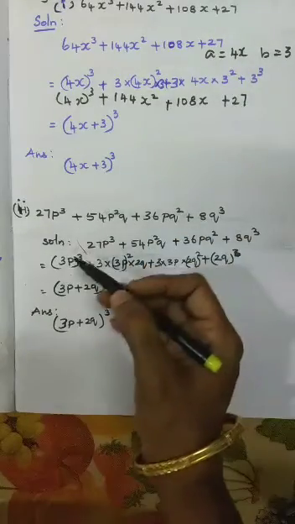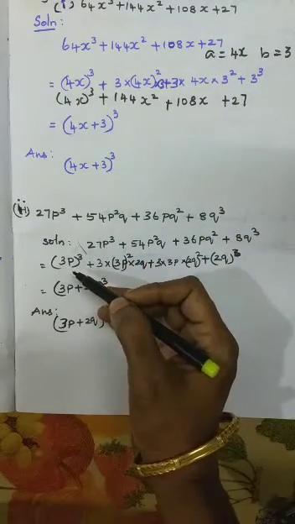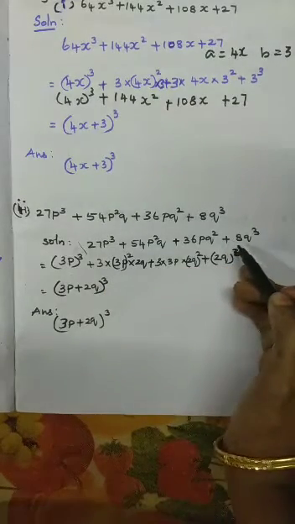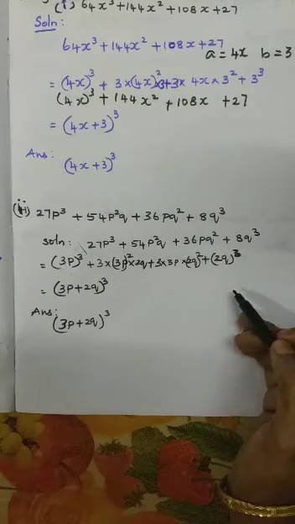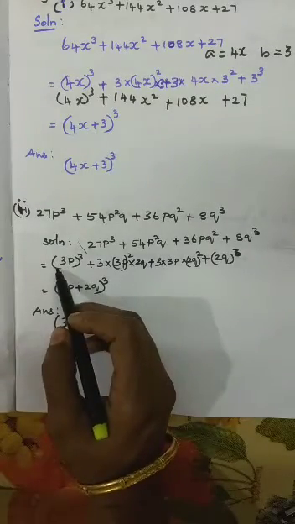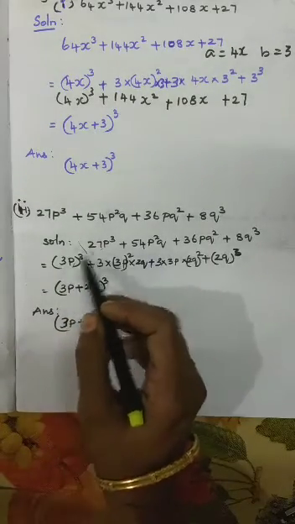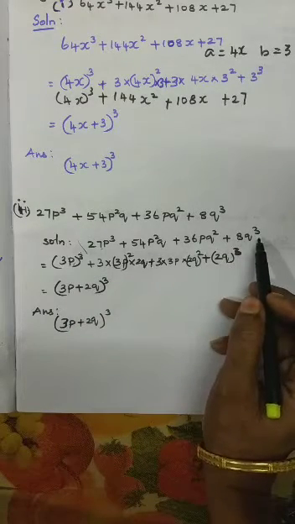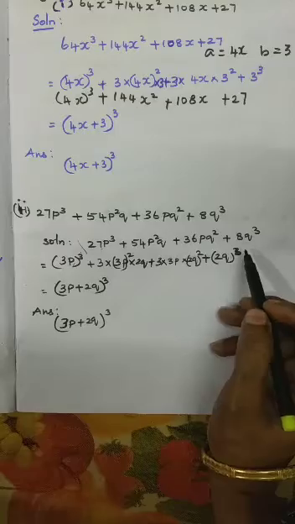Here we saw, no? So, 9 3s are 27. So, 3 cube we can write as 27. Then 8, 2 cube we can write. So, 3 cube, p cube. That is (3p) the whole cube. Here 2 cube, q cube. That is (2q) the whole cube.